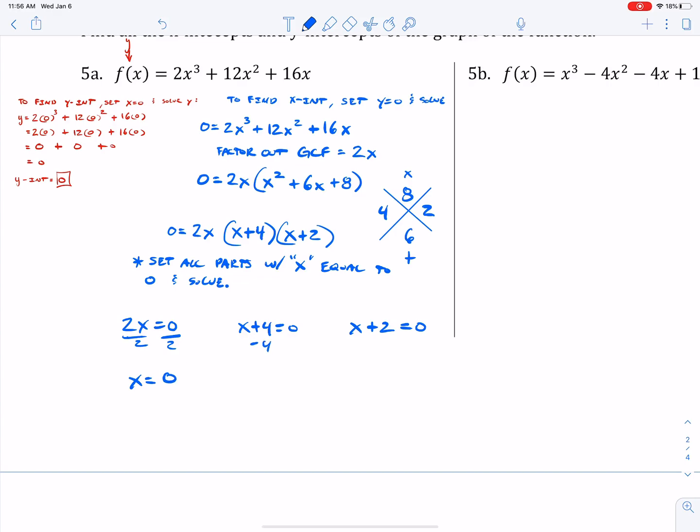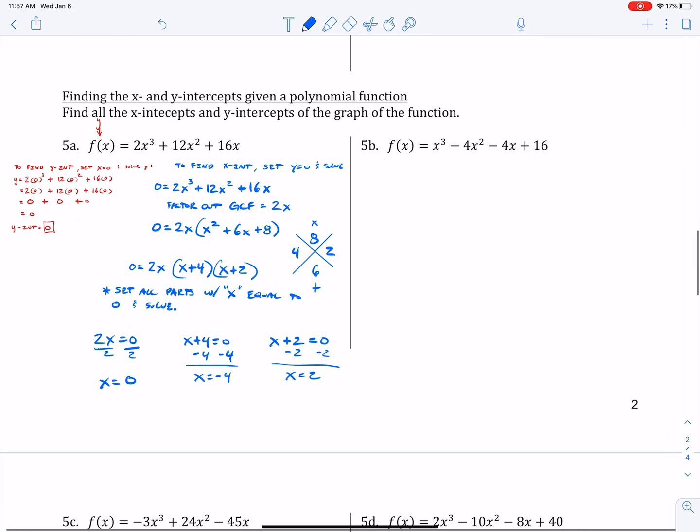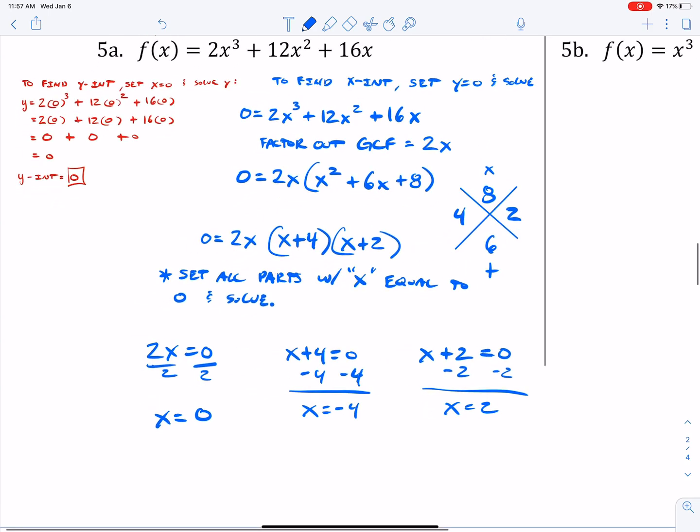I need a minus 4 to both sides. That gives me x equals negative 4. Minus 2 to both sides, and x equals negative 2. So my x-intercepts equal 0, negative 4, and negative 2. And that's what it's asking us for.